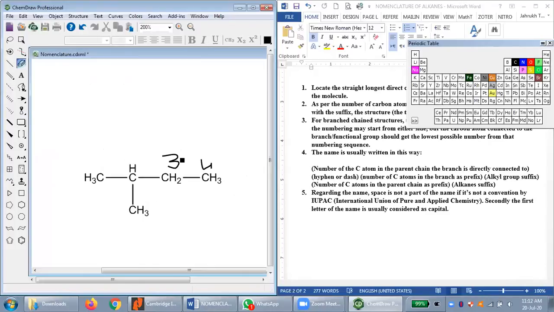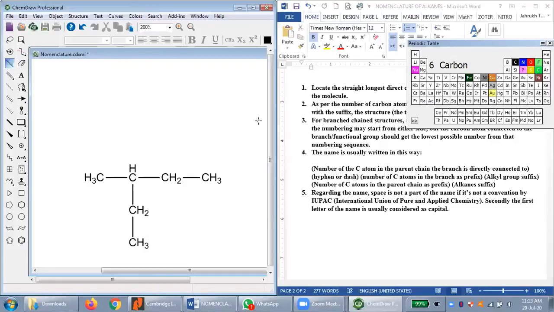I'm going to erase all the numbers. And this time I'm going to change the structure slightly by adding a carbon atom, but to the branch this time. Now, let's start with rule number 1 again.